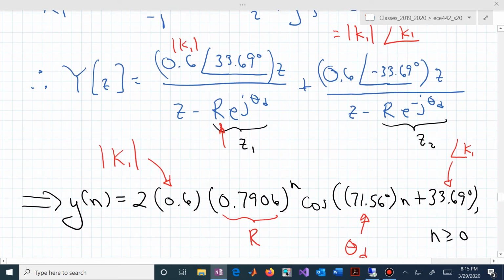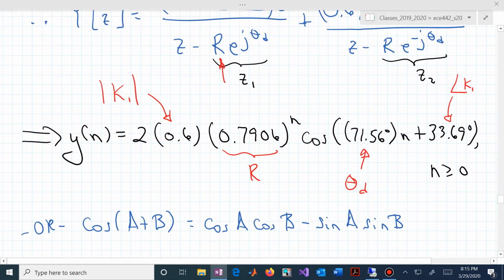That angle needs to be the angle of the coefficient on top of the pole factor in the first quadrant.